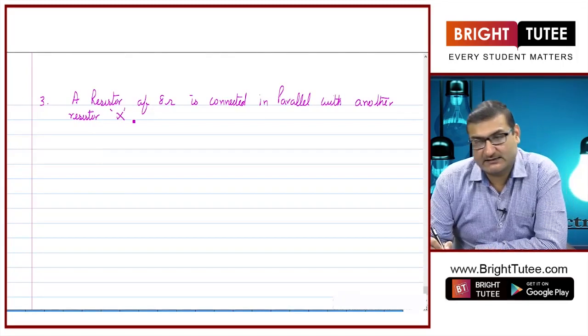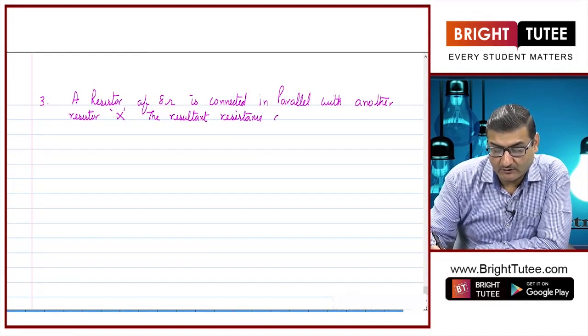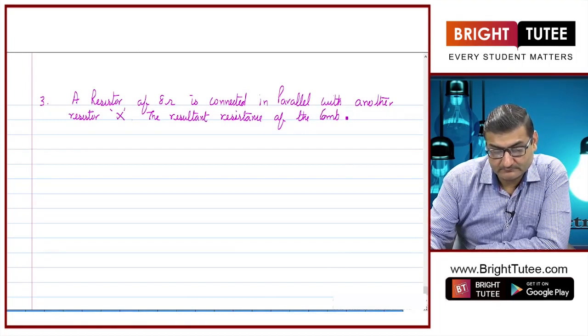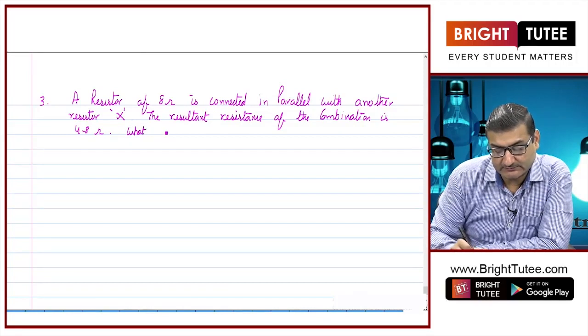This is X. The resultant resistance of this combination is 4.8 ohms. What is the value of X?